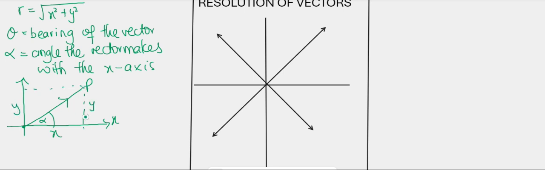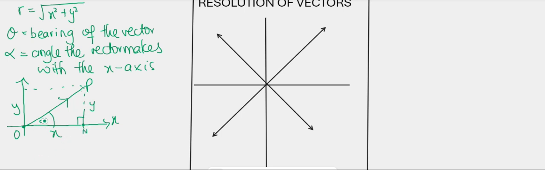This looks like a right angle triangle, doesn't it? If we take OP and this, maybe N, OP, it becomes a right angle triangle, with the angle alpha here, x becomes the adjacent and y becomes the opposite.